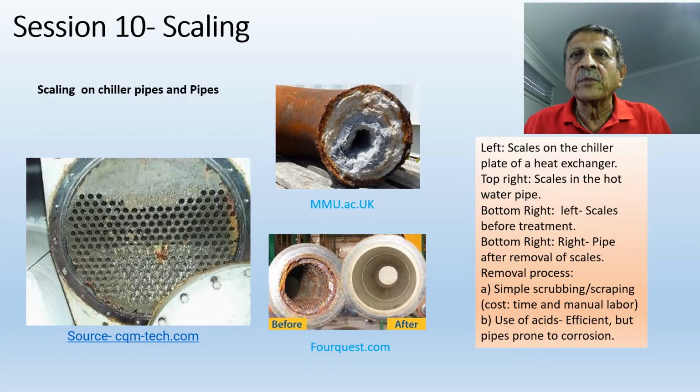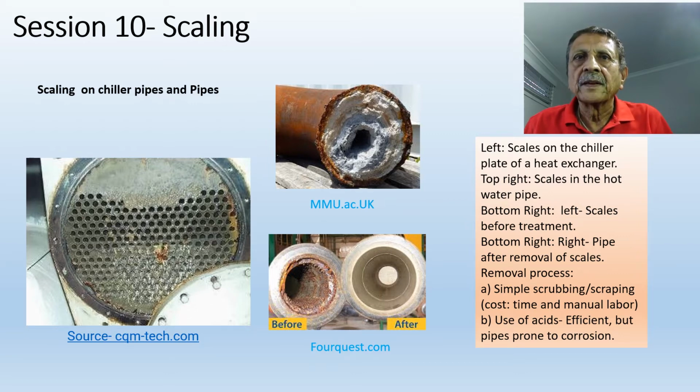So obviously you can remove the scaling through two processes: either physical scrubbing and scraping, which of course costs time and money for labor, or you could use acids to wash and slowly dissolve and react with the scales.